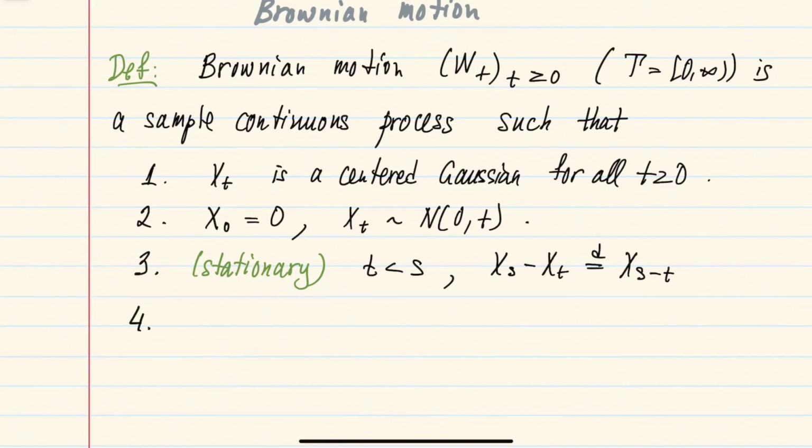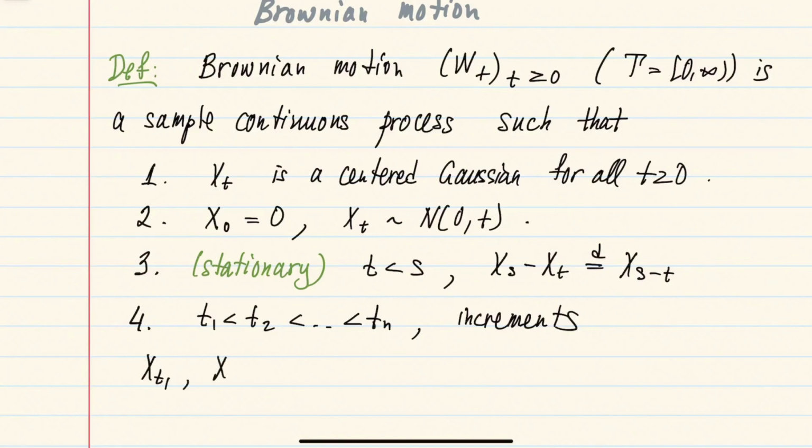So the last property is that the increments are independent. Namely, if you take any times t_1 up to t_n for any n, the increments X_{t_1} minus X_0, and X_0 is 0, so I don't need to subtract anything here, then the increment between time t_2 and t_1 and so on, these are independent.